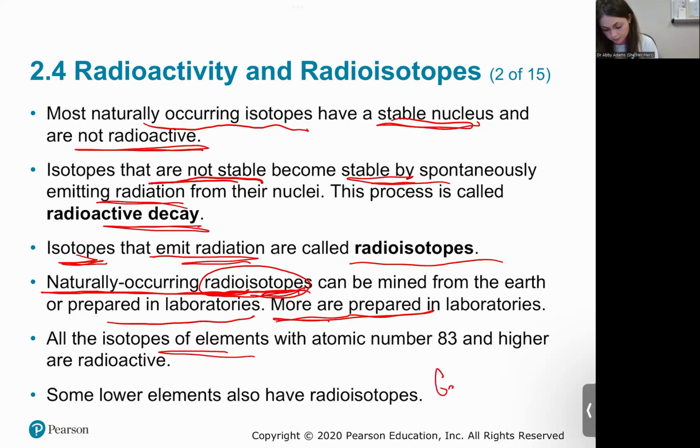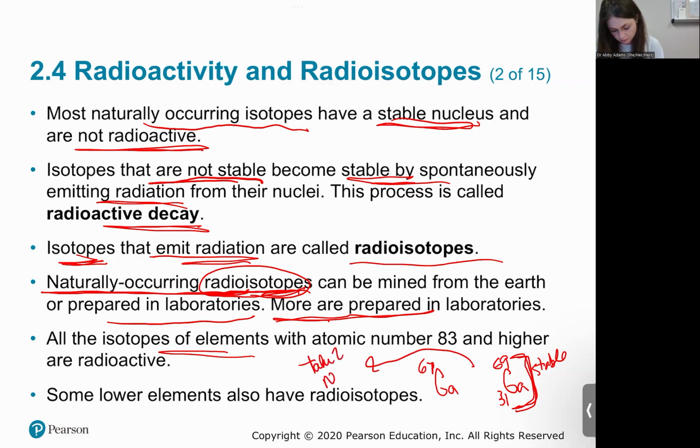So if you have gallium, a stable gallium is 69 and 31. This is the stable atom setup. If you then have gallium that is 67, so you take 2 neutrons away, you have unstable gallium.